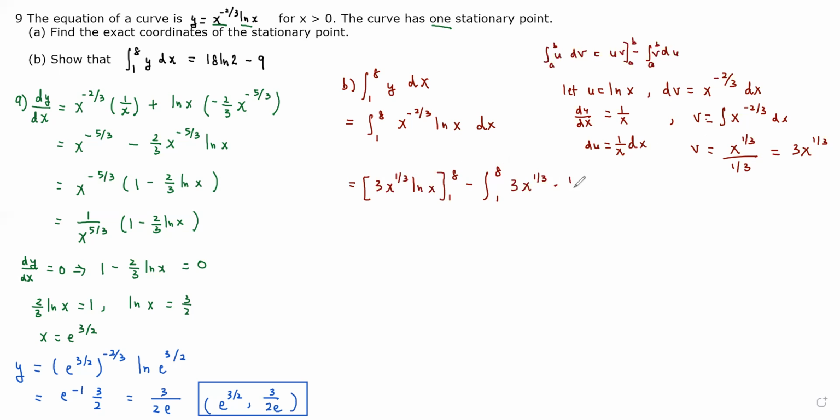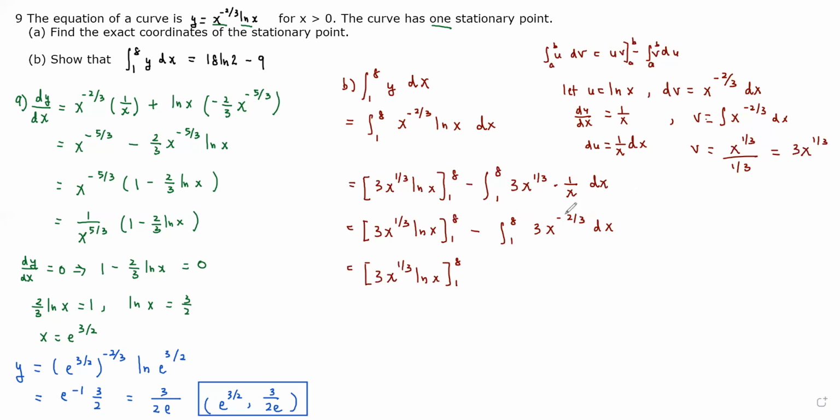Du is 1/x dx. We keep the first term. And for the second term, let's see, x to the 1/3 divided by x. That will give us 3x to the -2/3. So we have this.